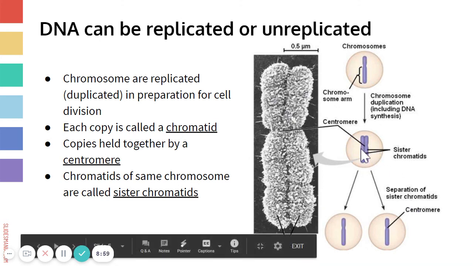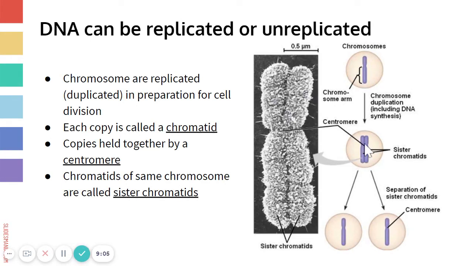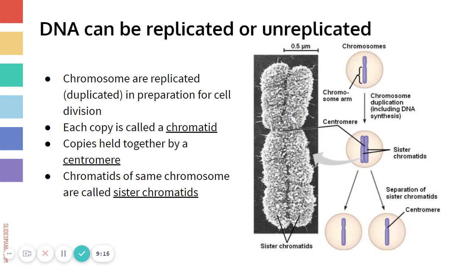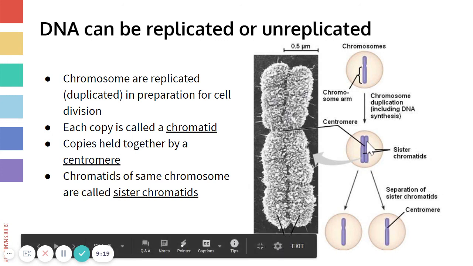So here is this diagram form. You can see that these two arms are sister chromatids, two copies of the same chromosome. And then when they get pulled apart and go into the daughter cells, they're not chromatids anymore. They mature into chromosomes. We call them chromosomes now. So they go from chromatids to chromosomes once they're on their own again.